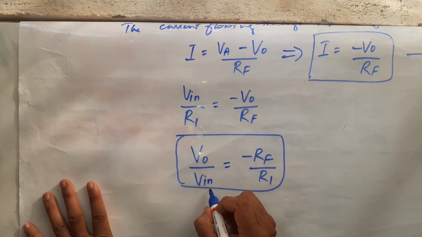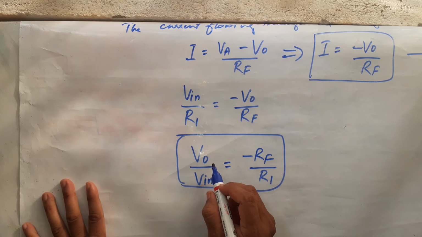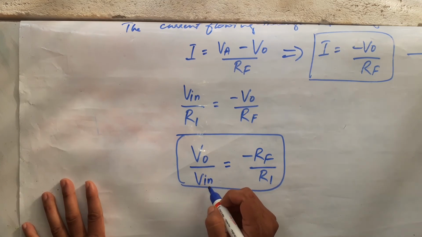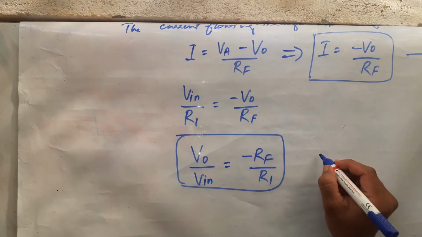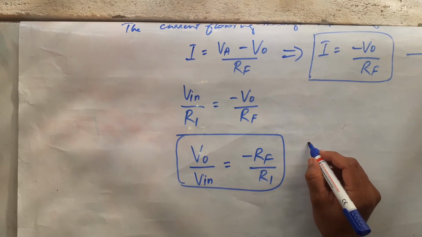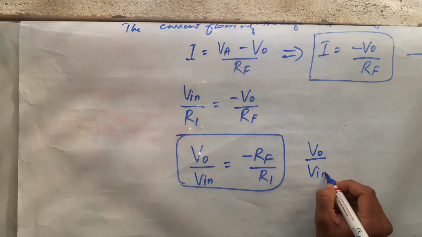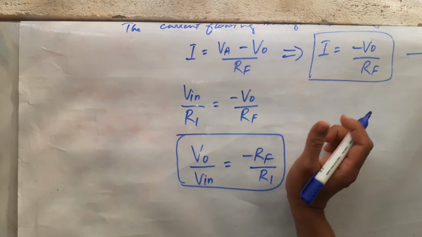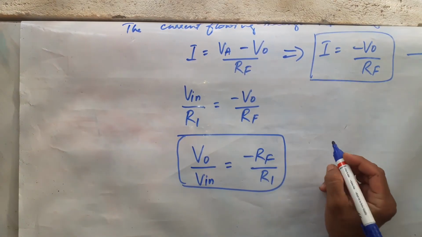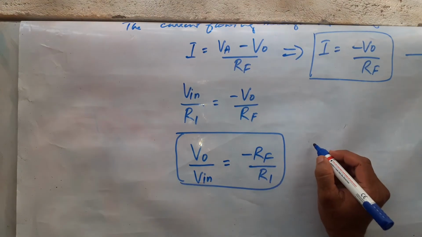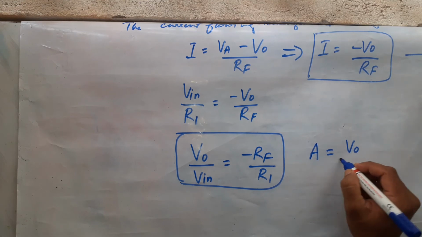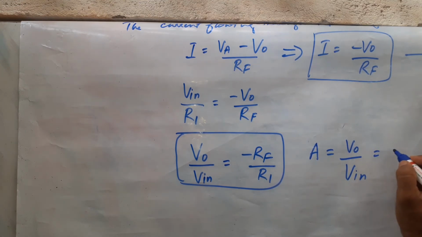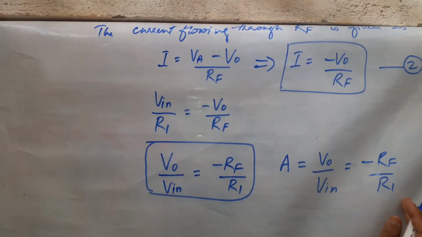What is this V0 by V in? We know that V0 by V in is the gain of the amplifier. Therefore, gain is equal to V0 by V in equal to minus RF by R1.